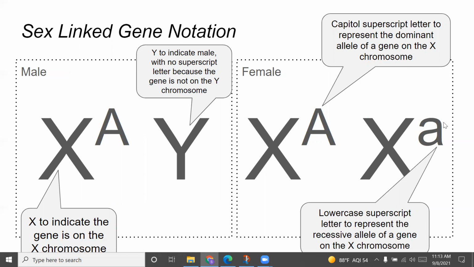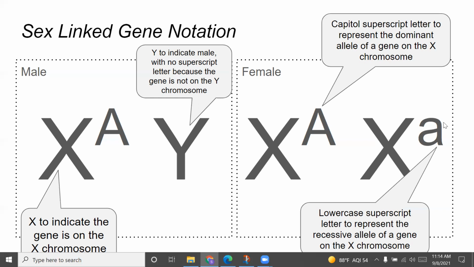Okay, so from this, you definitely want to know the name. What's his name? Thomas Hunt Morgan. And you want to know that he studied fruit flies, specifically eye color in fruit flies. And he found through his breeding at one point that in the F2 generation, only males had white eyes.